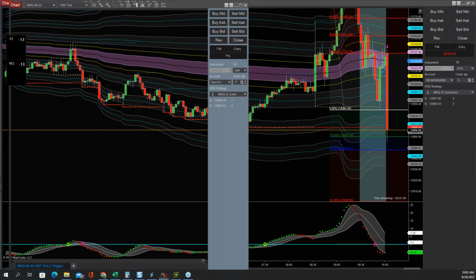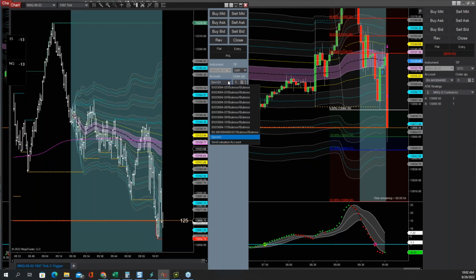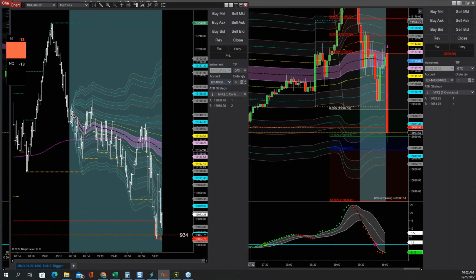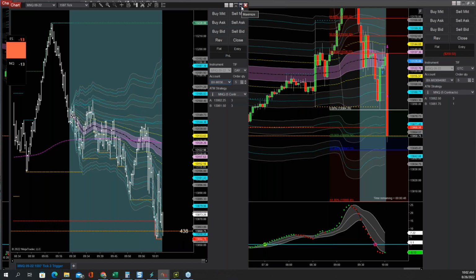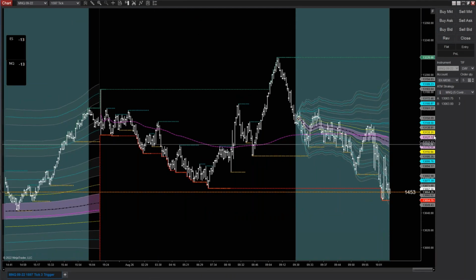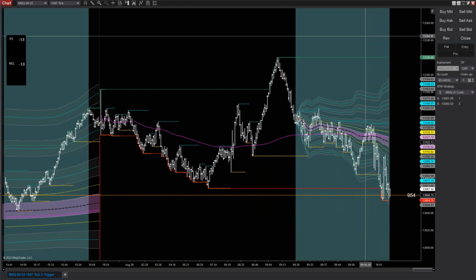Here's the MNQ again. This is the same one on this one. So let me see here. So if we're looking at this, see, look at this. That's really erratic out of nowhere.